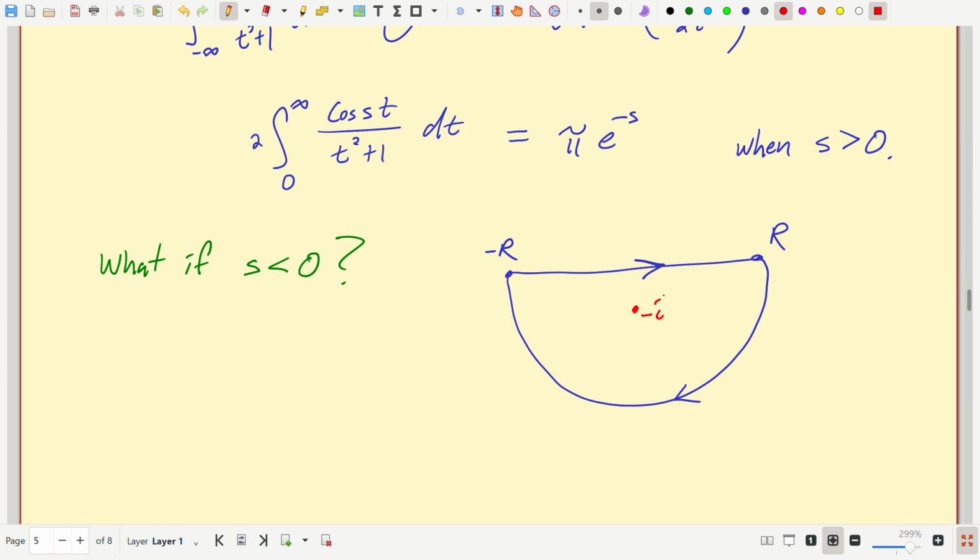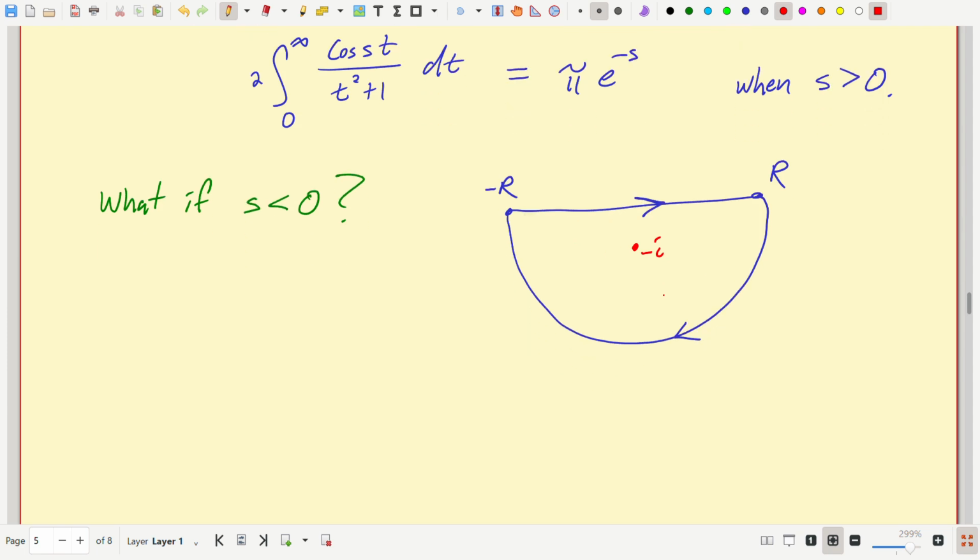And then e to the ist would be bounded in the lower half plane. e to the ist is less than or equal to 1 in the lower half plane. And I could do the same thing and get a similar formula in the negative s case.